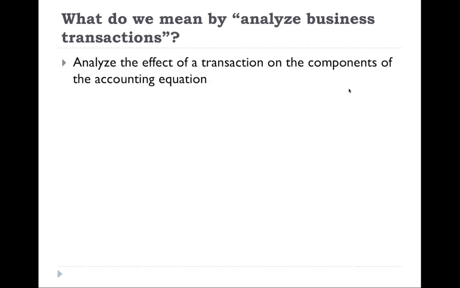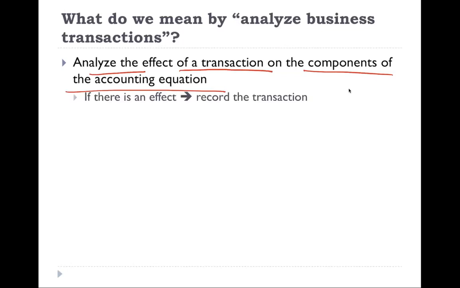By analyzing a business transaction, we basically mean that we need to analyze the effect of the transaction on the components of the accounting equation. If you still remember what we talked about 5 minutes ago, the accounting equation is assets equals liability plus stockholders' equity.